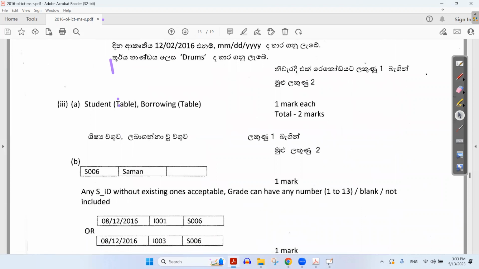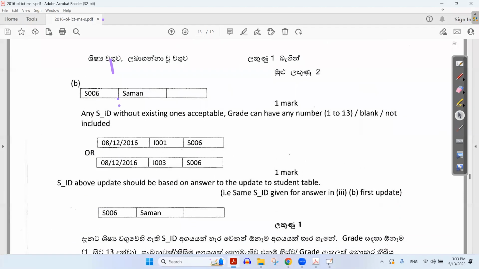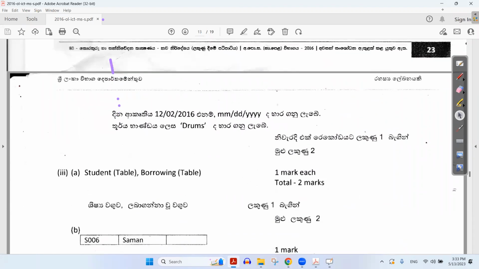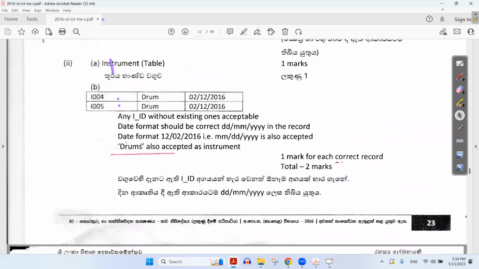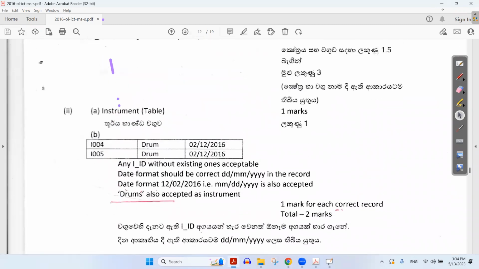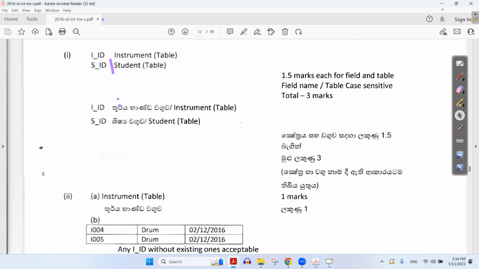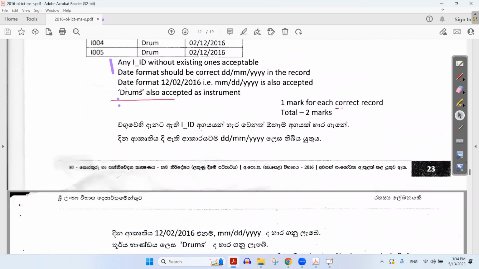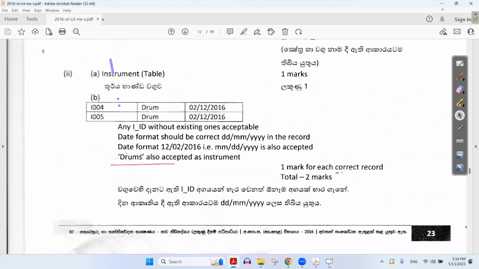Right. Yes. So here you got 2 marks. Here you got 1 mark. Another 1 mark. Okay. Here you got 1 mark. Previous 3 marks, 4 marks together. Here we have given another mark as well.